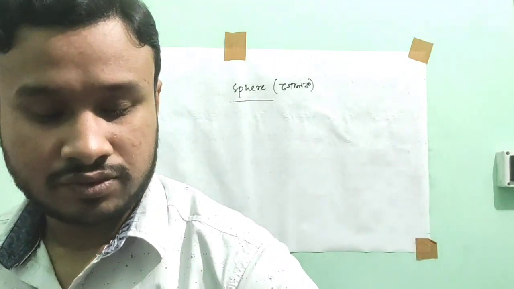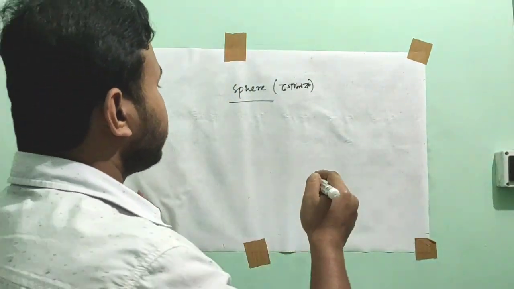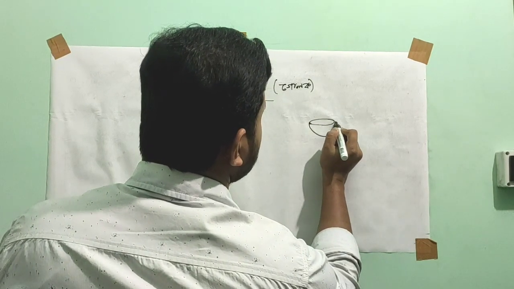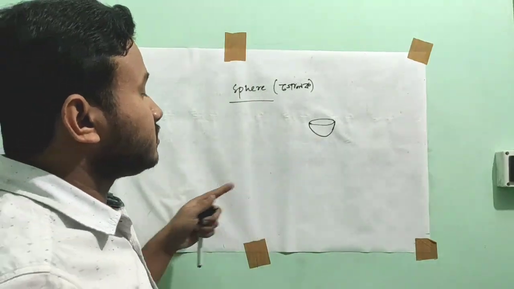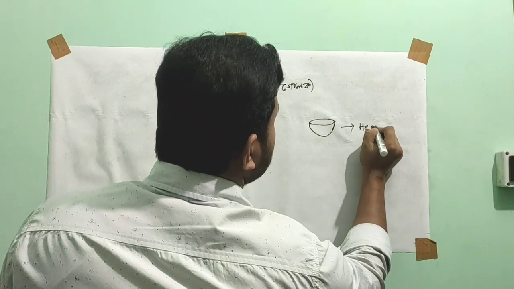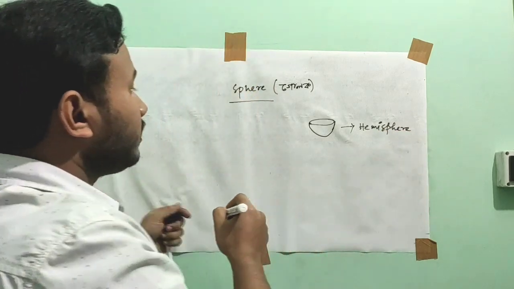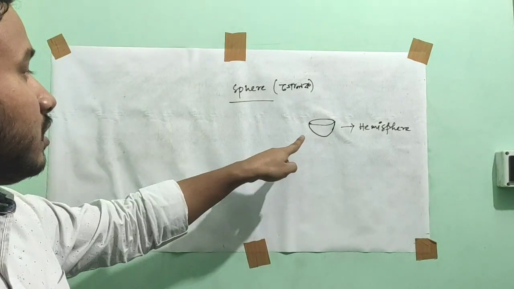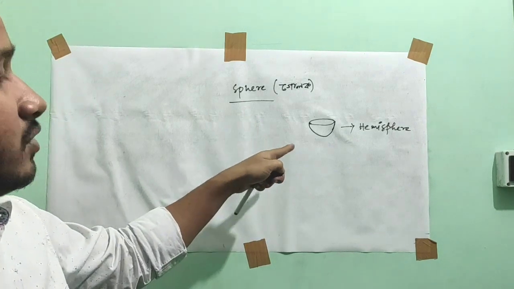Now if we cut this ball from the middle, it will look like this, and we call this a hemisphere. And if this hemisphere or the sphere is solid, then we call it a solid hemisphere or solid sphere.